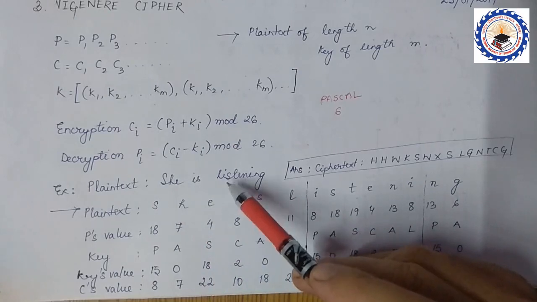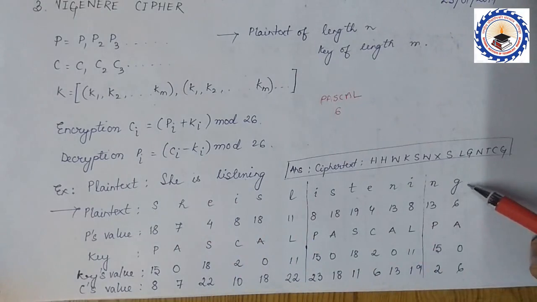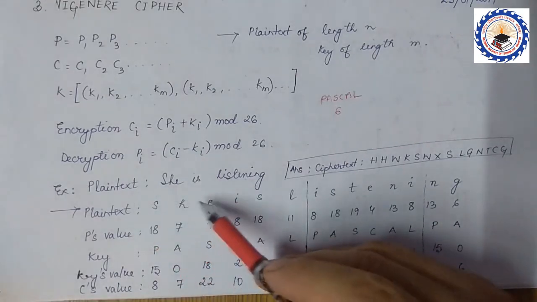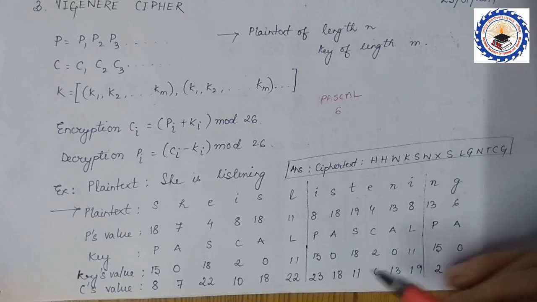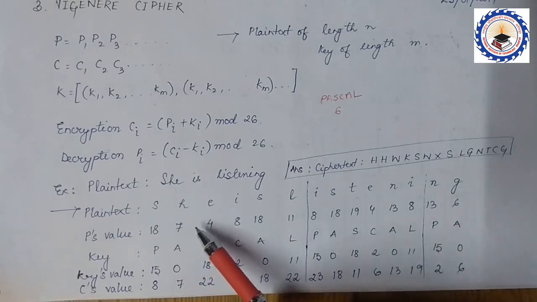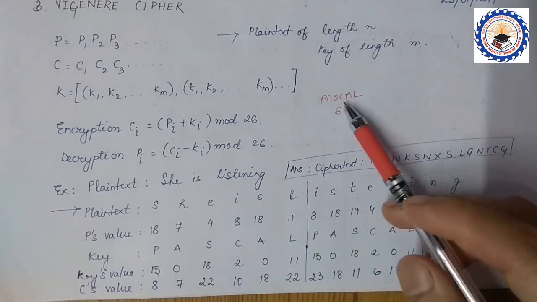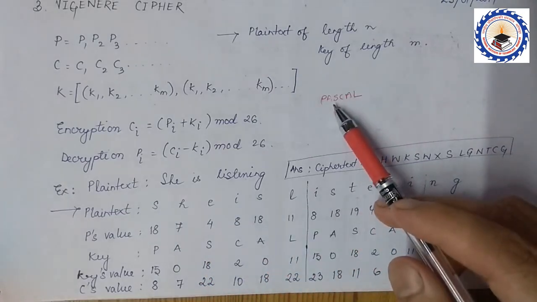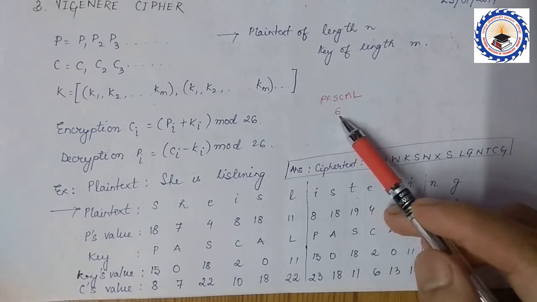First of all, I have to write the whole text. I write it separating by a gap, just for convention, and to provide the spaces so that when we convert it, it looks better. What is the given word for the key? The given word is Pascal, and its length is 6.